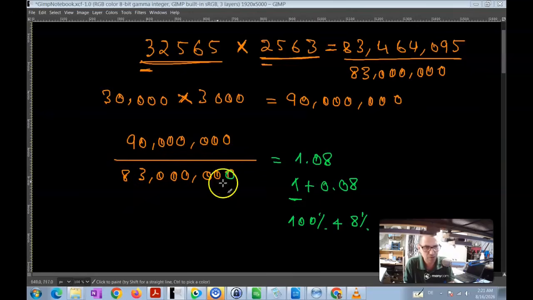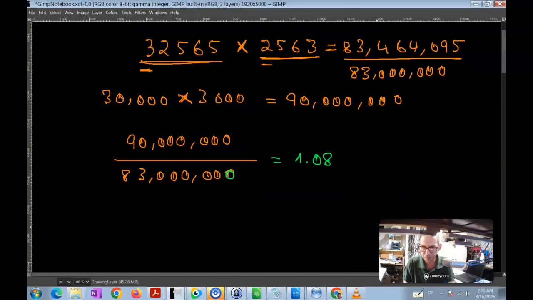I got 90 million, and this number is larger than this number only by 8%, right? Only by 8%, right? So that's basically that. Okay.